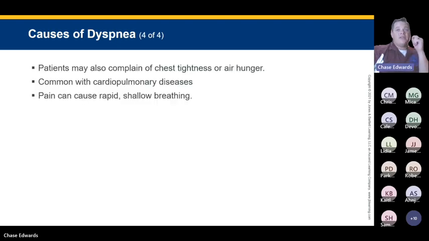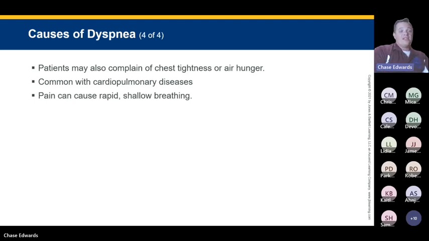All right, so dyspnea is common. It's a common complaint in our patients with cardiopulmonary diseases. So congestive heart failure can cause the heart to pump inefficiently, and it deprives the body of oxygen, which causes a whole other set of issues there, partner. Also, severe pain can cause the patient to experience rapid shallow breathing without the presence of a primary pulmonary dysfunction.